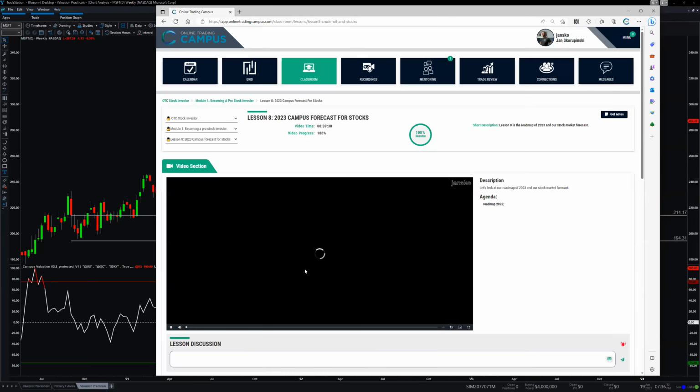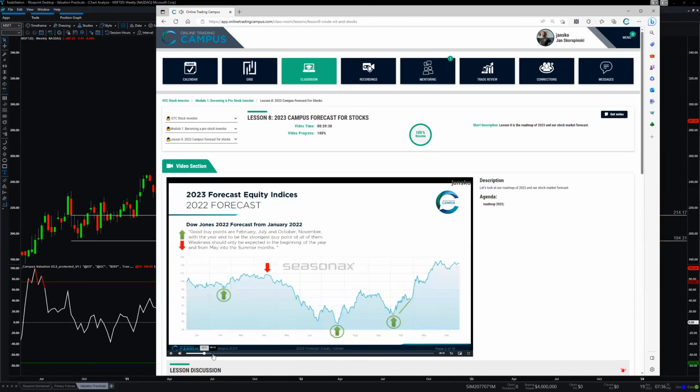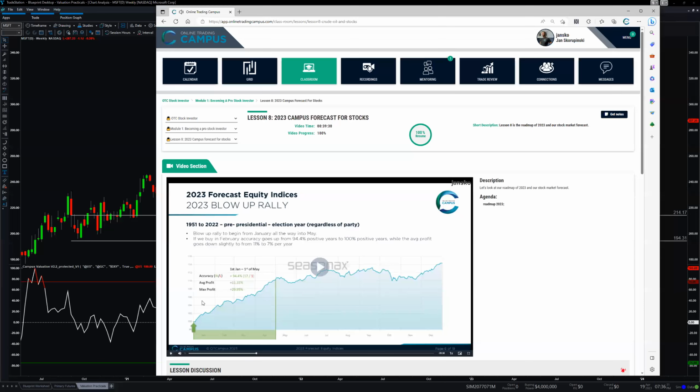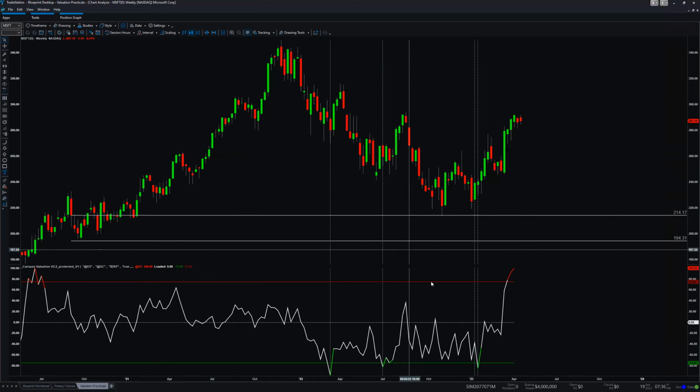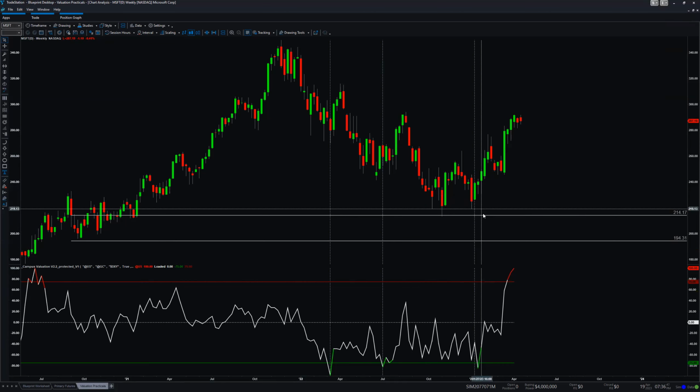And so what we said here is basically that we do not predict a recession. In fact, what we said at the beginning of the year is that it was going to be a blow-up rally, right? We said it's going to be a blow-up rally. So if you're in 2023 and so many people were arguing, well, the whole world is going to end in 2023 and recession and whatnot.